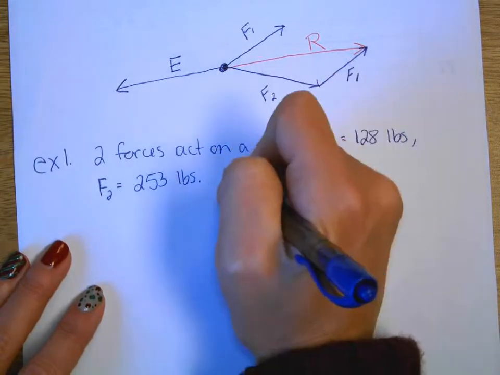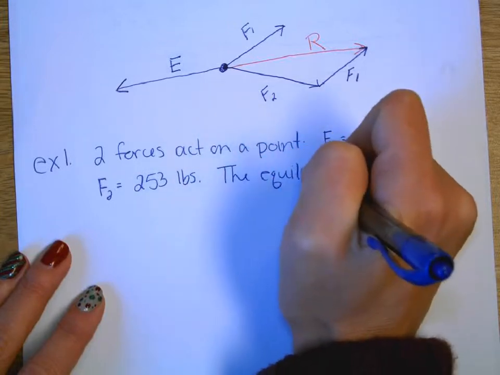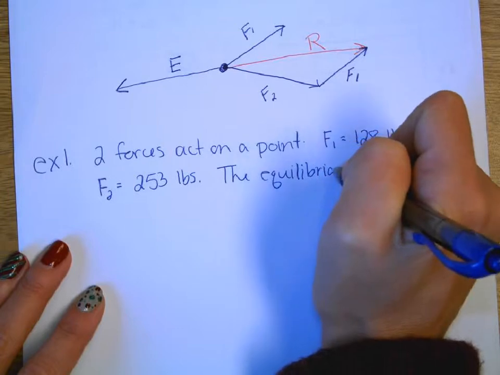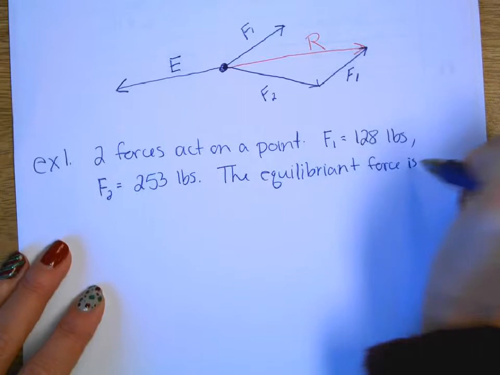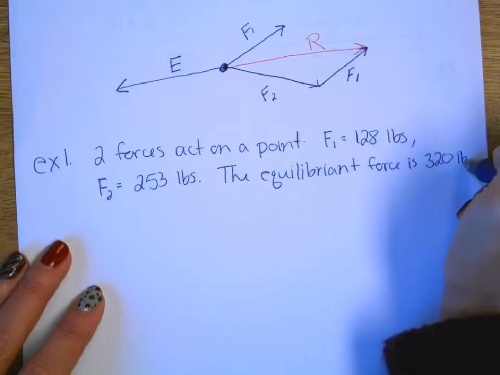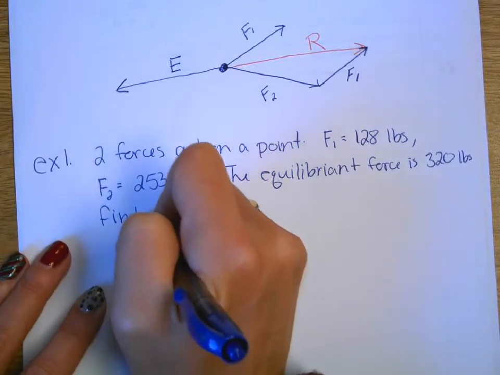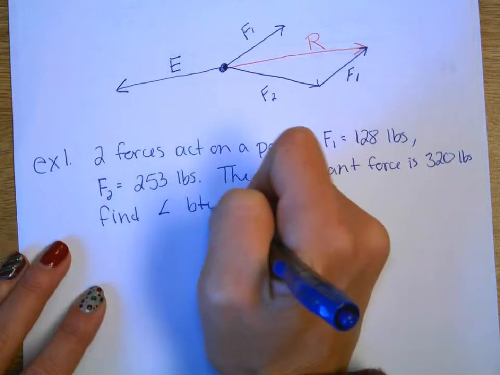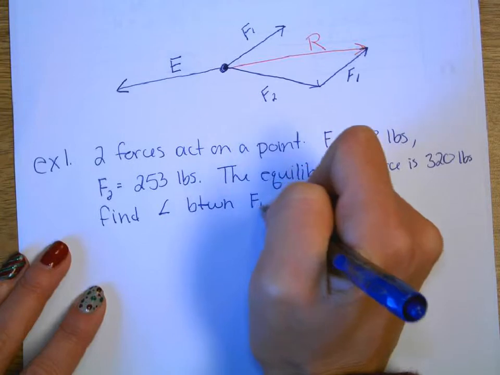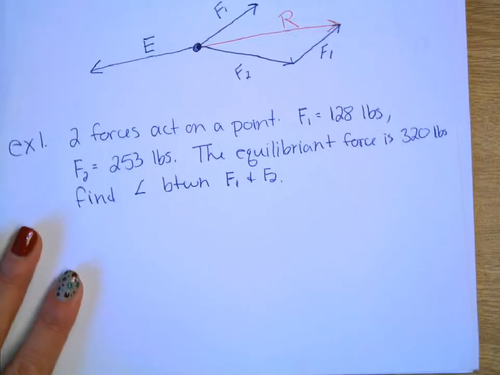The equilibriant force is 320 pounds. Can you find the angle between force 1 and force 2? Okay, I'll let you write that down.